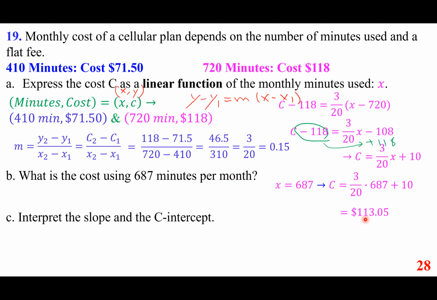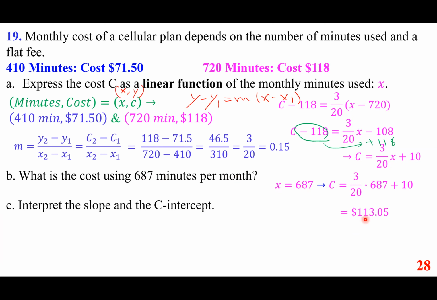Now, what is the meaning of the slope and the C-intercept? Do the interpretation. The C-intercept, if you go back to this equation, C equals 3 over 20 x plus 10.